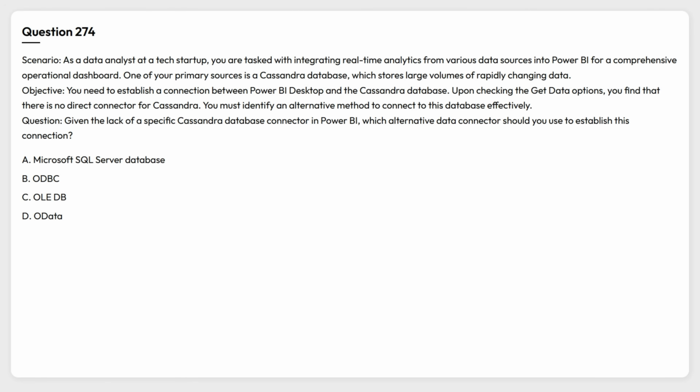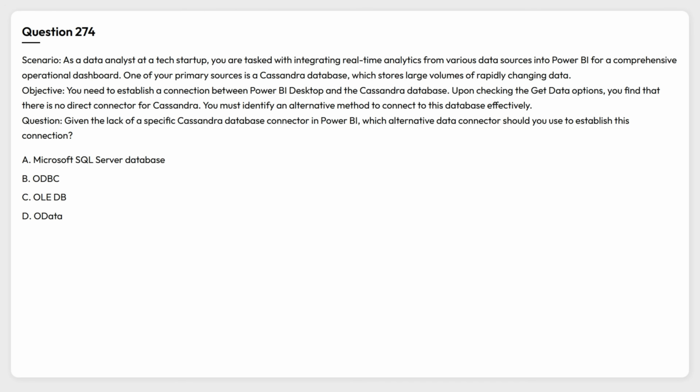Question number 274. As a data analyst at a tech startup, you are tasked with integrating real-time analytics from various data sources into Power BI for a comprehensive operational dashboard. One of your primary sources is a Cassandra database, which stores large volumes of rapidly changing data. Objective: you need to establish a connection between Power BI Desktop and the Cassandra database.